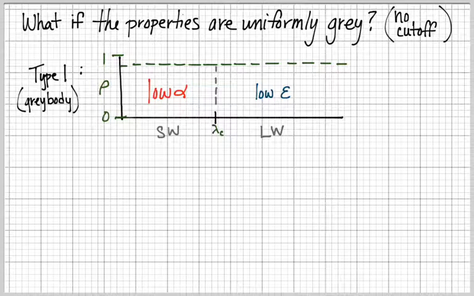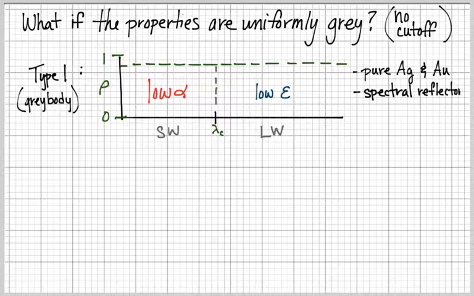But the properties of the actual surface, the gray body, are uniformly gray. So I've got a straight green line across there, and what I'm describing that has a high reflectance across all wavelengths is a spectral reflector, or a shiny metal.